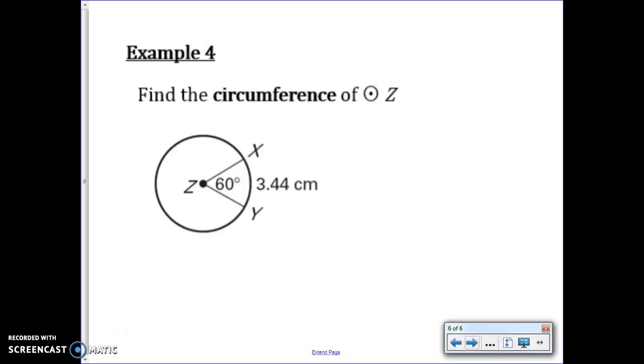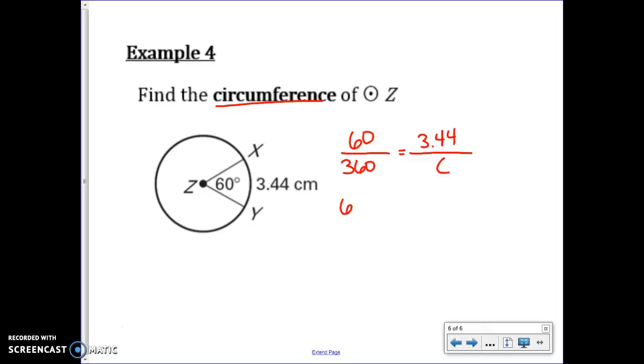Alright, let's try one more of these. We're going to set it up. The degree measure is 60 over our total degrees, 360. That's equal to the arc length, which is given to us, 3.44, over the circumference, which is what we're looking for. So we don't need to put 2 pi r there. We can just put C for circumference, since that's what we're solving for.